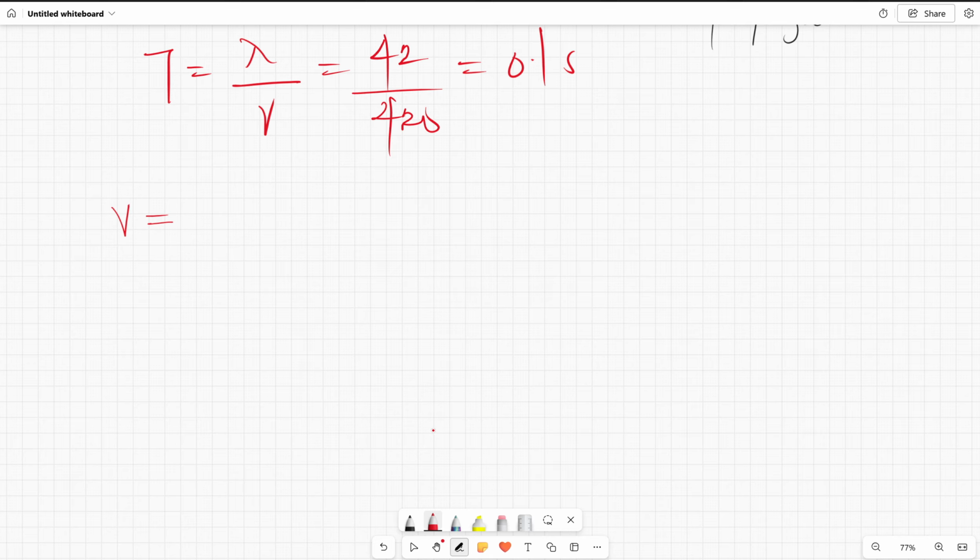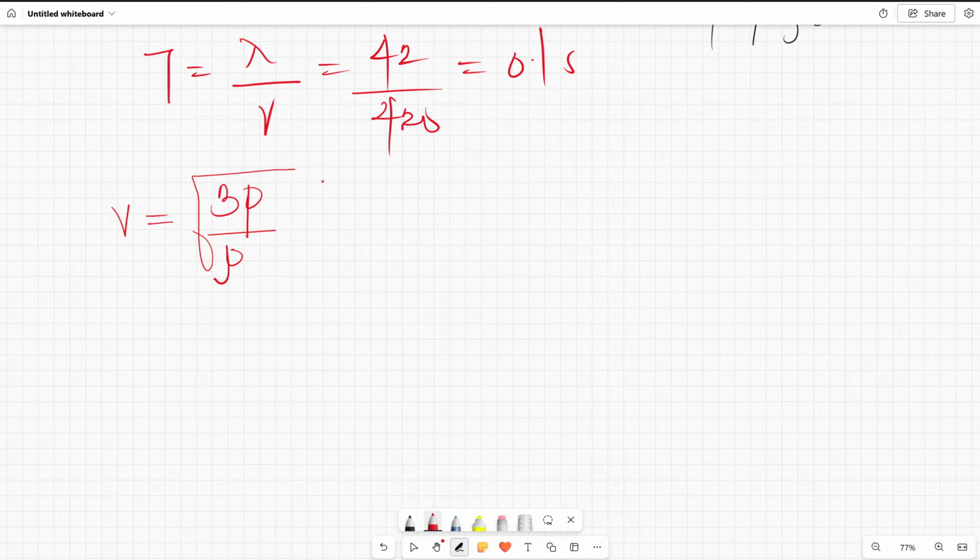Okay, I do not think so. So let's work with this formula that says V is equal to the square root of 3P over density. V is equal to the square root of 3P over density.